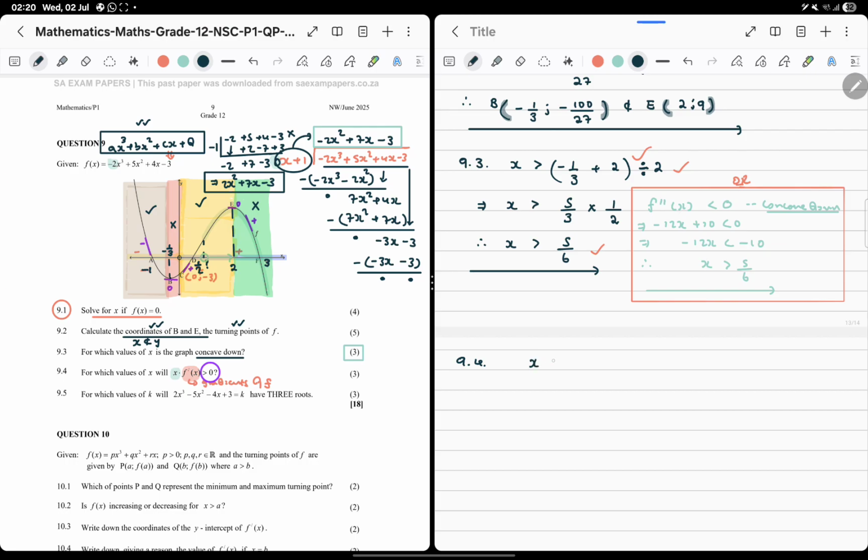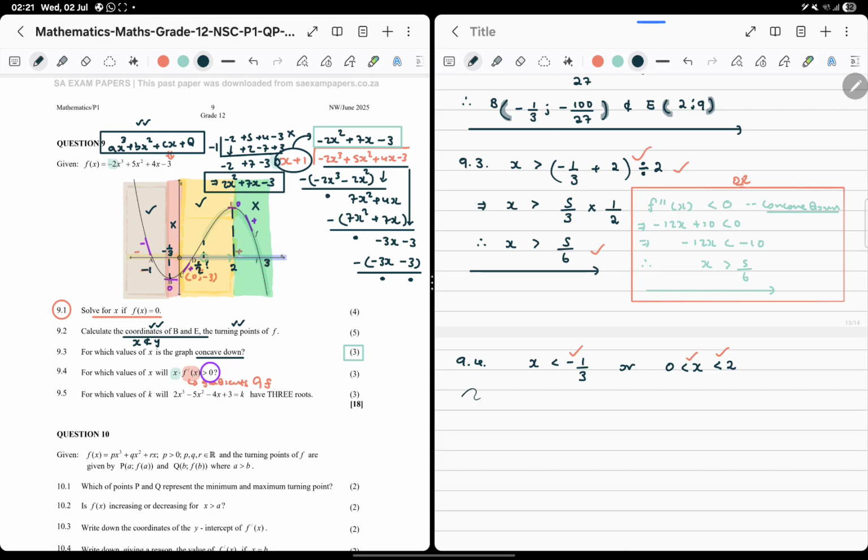So x must be less than minus a third, or x, now this one is a region, so we know that x is going to have to be less than 2, but greater than 0. That's it. So, yeah, this question is heavy, guys. 1 mark, 2 marks for that. We get our 3 marks nicely.